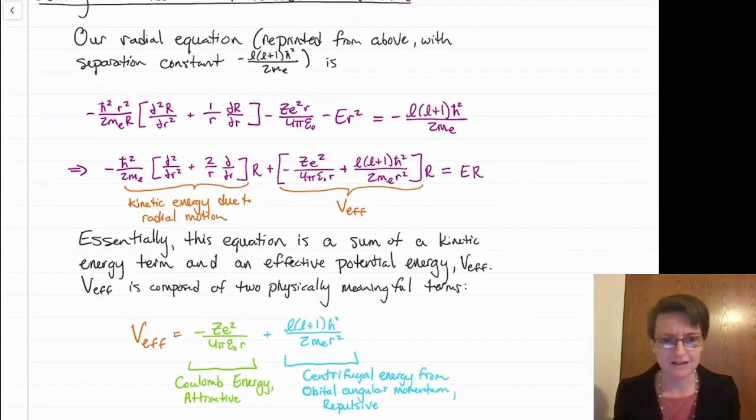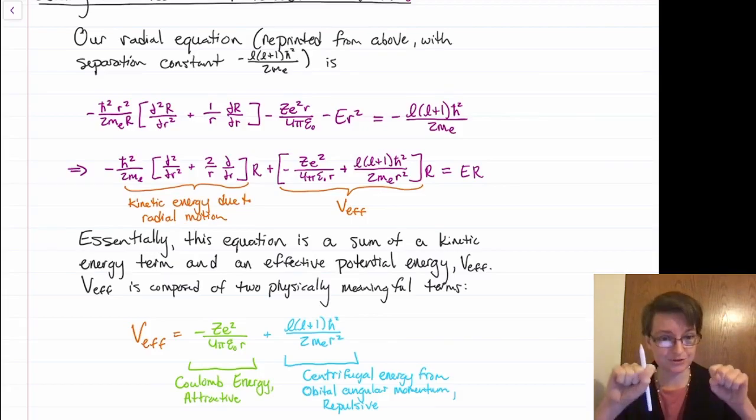But now, all of a sudden, in part because we needed a separation constant to relate to the angular wave function, a new term has shown up that depends not on our inverse, but our squared inverse. And how we conceptually think about this energy intuitively is that this is a term that arises from centrifugal force.